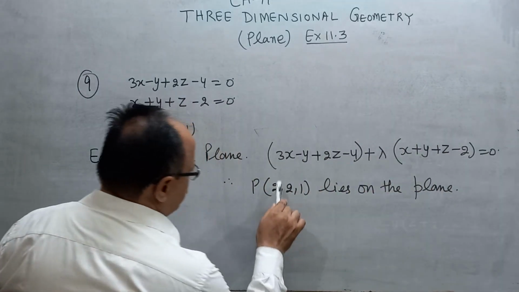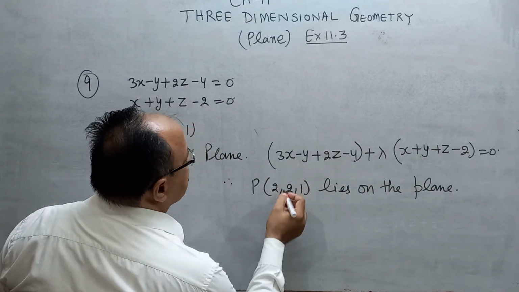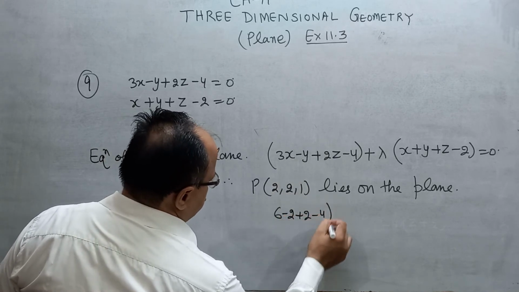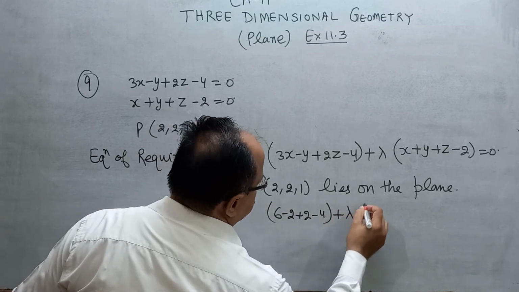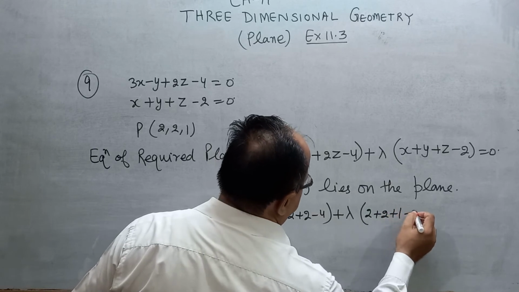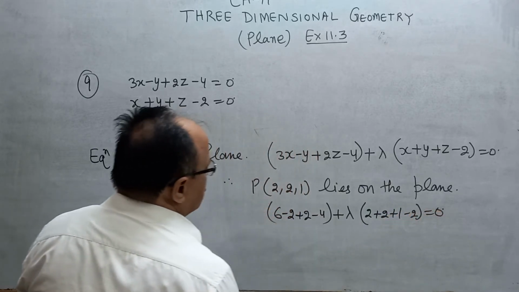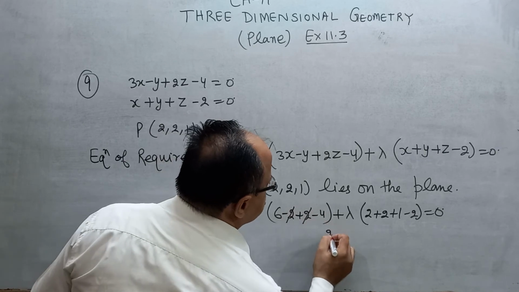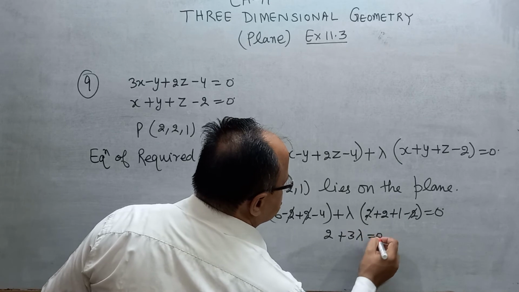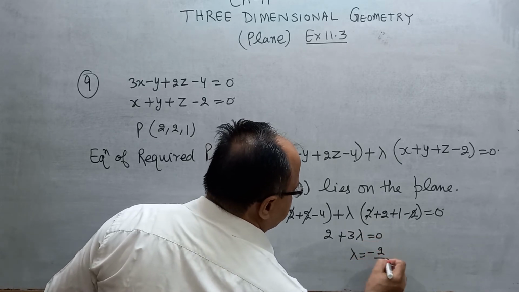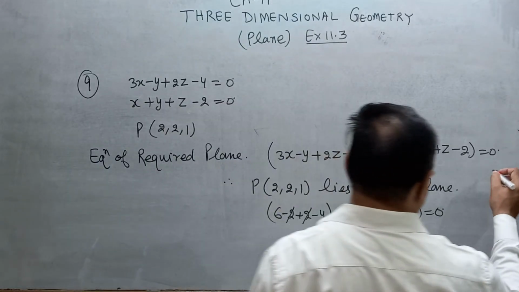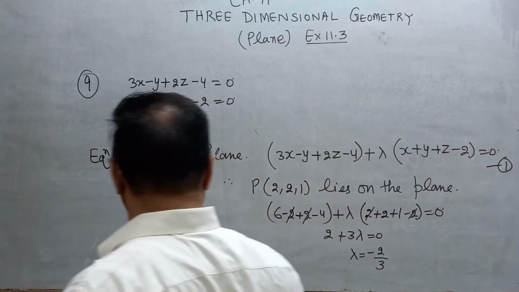You can put here these points x, y, z: 6 minus 2 plus 2 minus 4 plus lambda times (2 plus 2 plus 1 minus 2) is equal to 0. This cancels: 6 minus 4 is 2, plus 3 lambda is equal to 0. Therefore lambda is equal to minus 2 by 3. Put the value of lambda in equation number one.